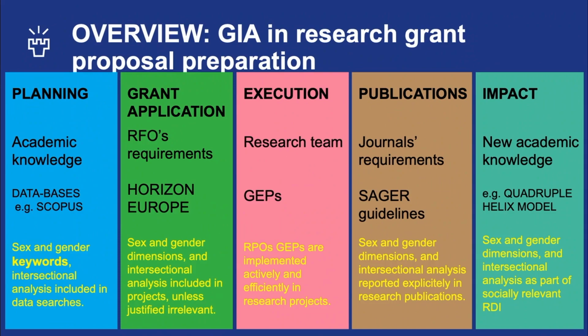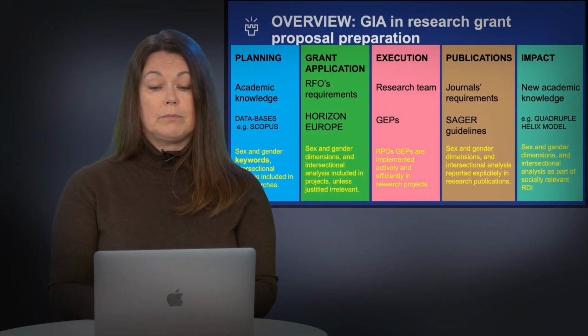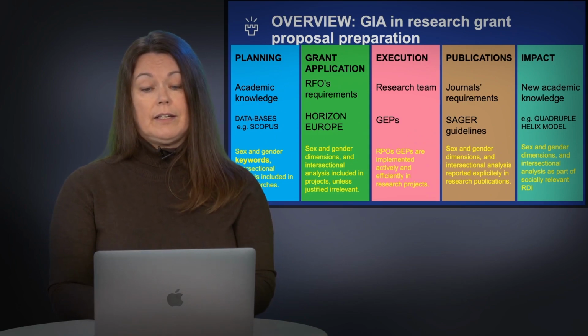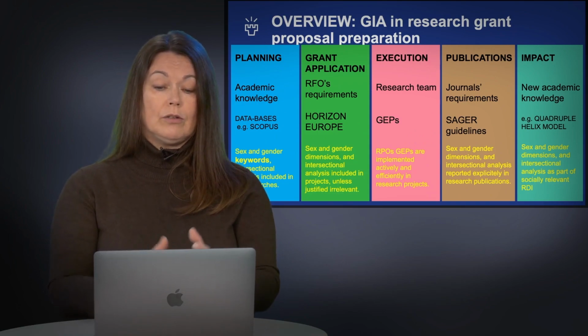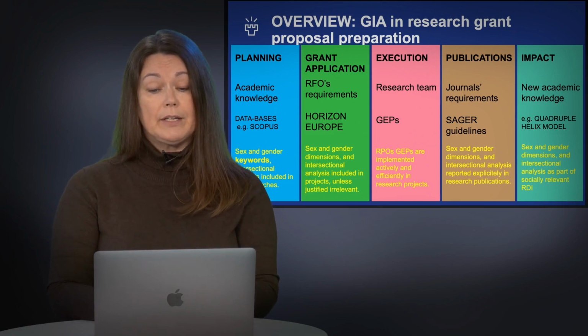etc. In impact phase, of course, new academic knowledge is applied, and there are different stakeholder groups that might be interested in that knowledge, in addition to academia, like government bodies, businesses, civil society, and all these different players.